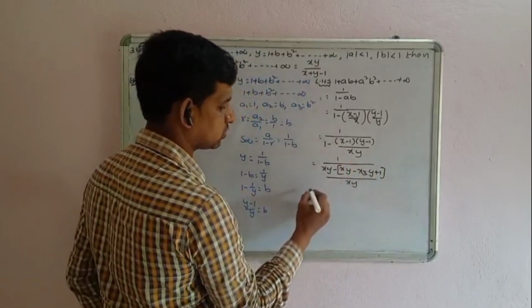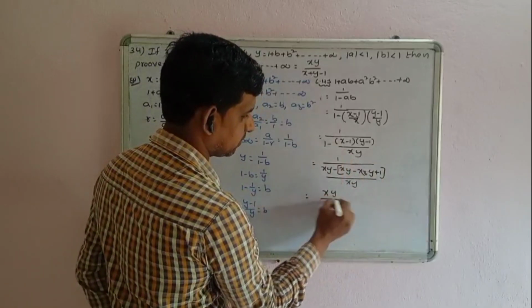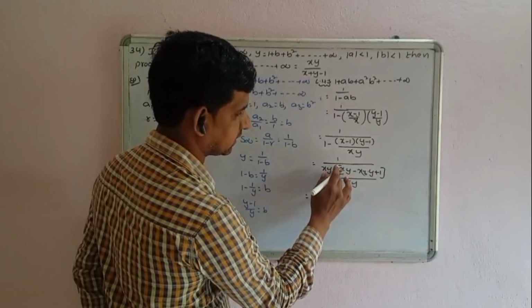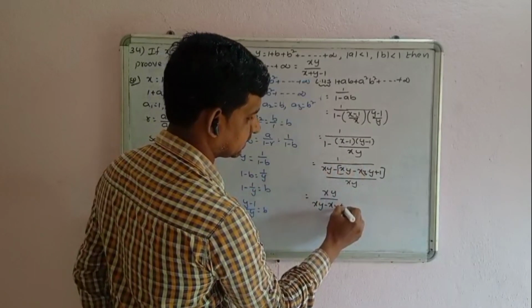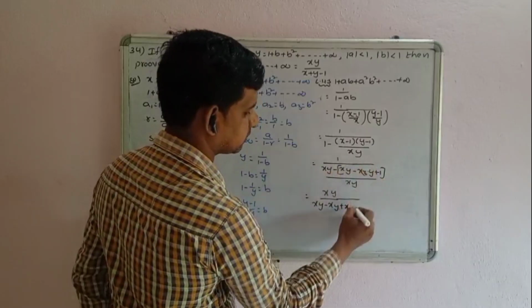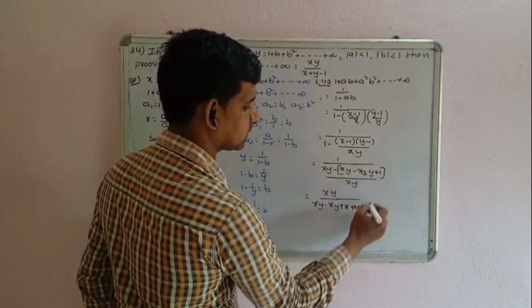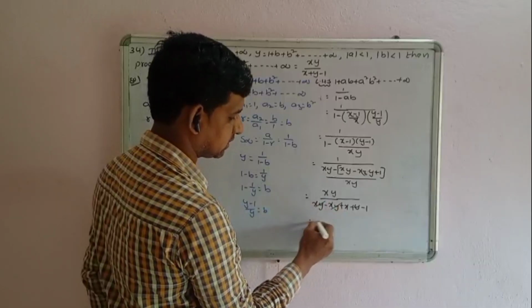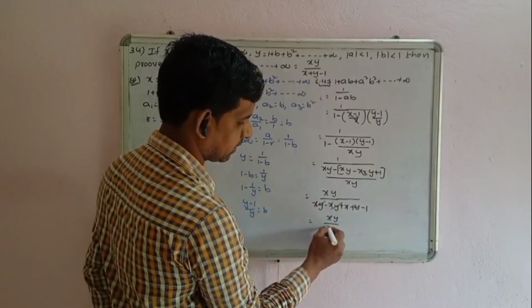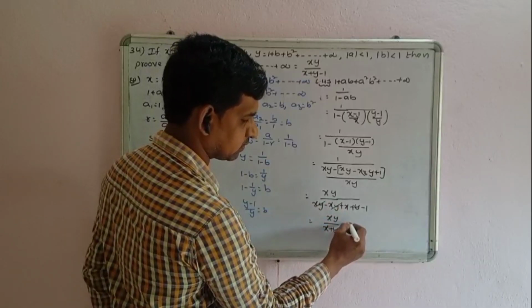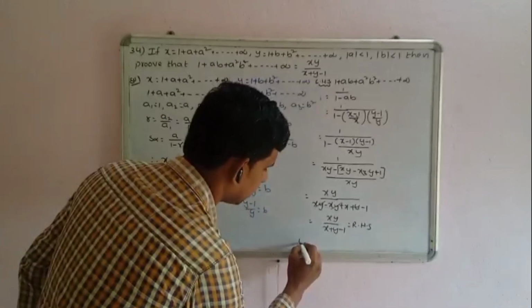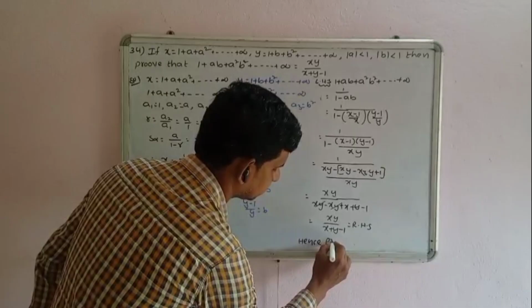So this xy transposes to the numerator, xy by xy minus xy, minus of minus plus x, minus of minus plus y, minus into plus is minus. Okay. So now minus xy plus xy cancel, still xy by x plus y minus 1, which equals RHS. Therefore, hence proved.